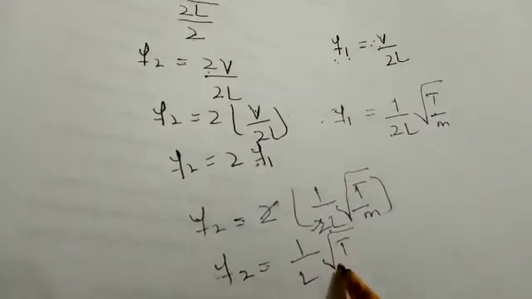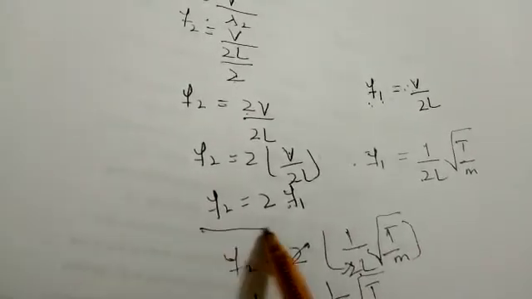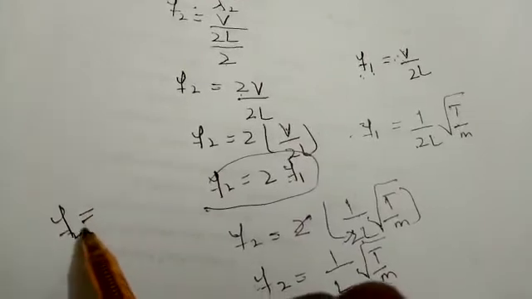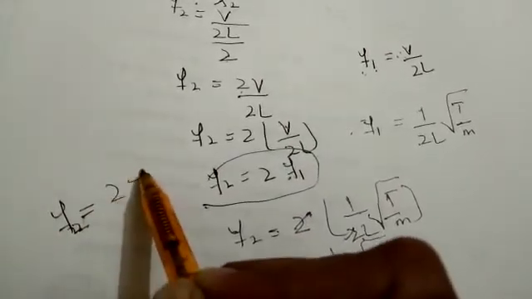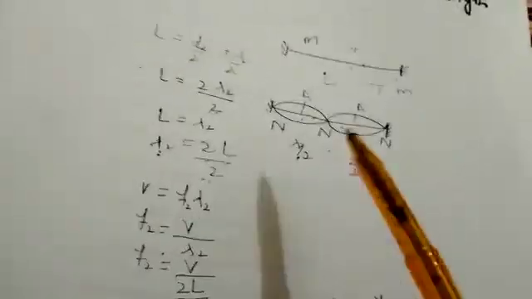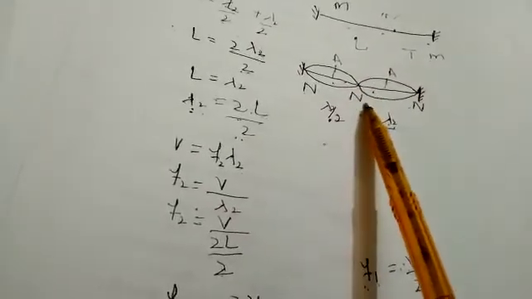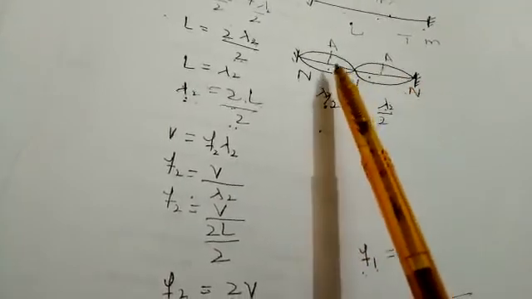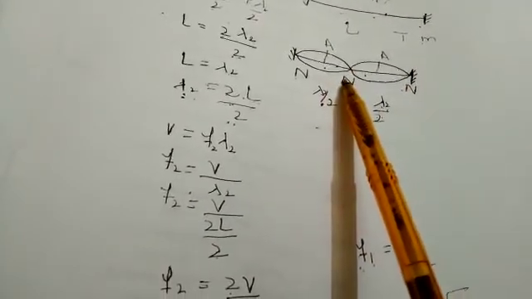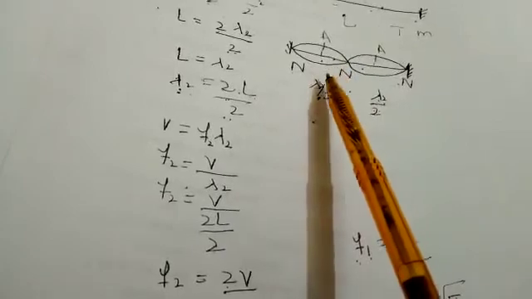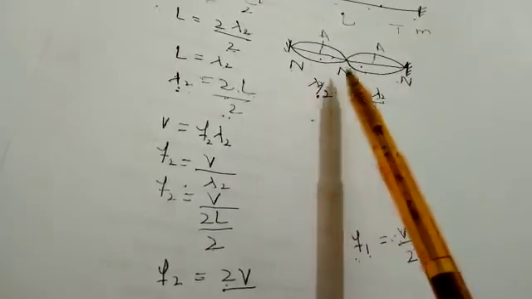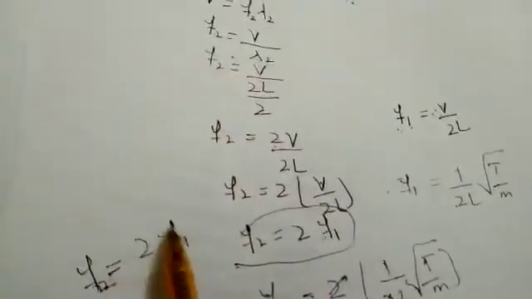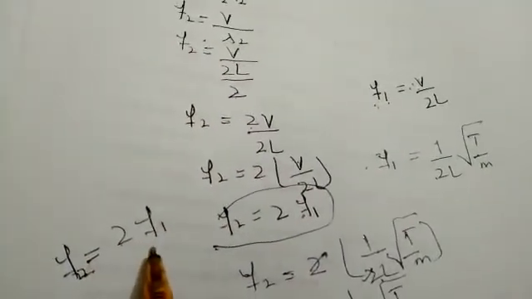This expression that f2 is equal to 2 times f1 shows that when this string moves in two loops, or there is formation of two stationary waves, then the frequency of these waves we call the second harmonic frequency, and this second harmonic frequency is double the first harmonic frequency.